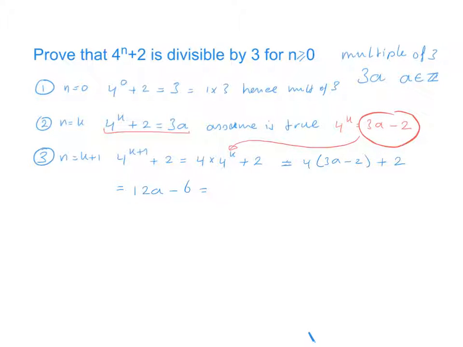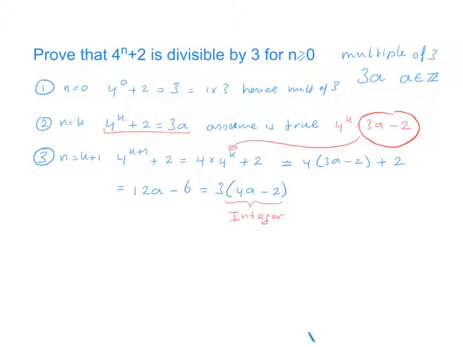And then because I'm interested in multiples of 3, and here's again a creative step, I'm going to write this as multiples of 3. So I'm going to look for 3 as a common factor. And I can because it's 3 times (4a take 2). Really the last bit is realizing that what I have here is an integer, because I know that a is an integer, so 4 times a is an integer, and 4 times a take 2 is an integer.